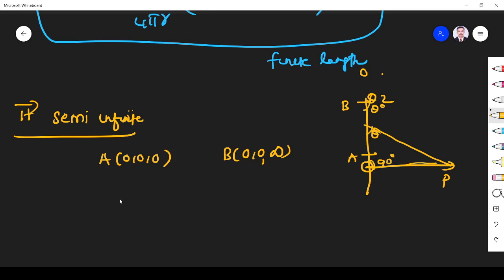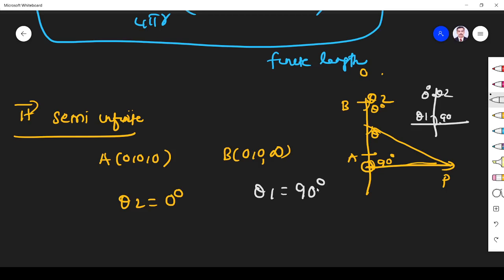So this is theta 1, this is theta 2, this is 0 degree, this is 90 degree. So theta 2 becomes 0 degree, theta 1 becomes 90 degree.